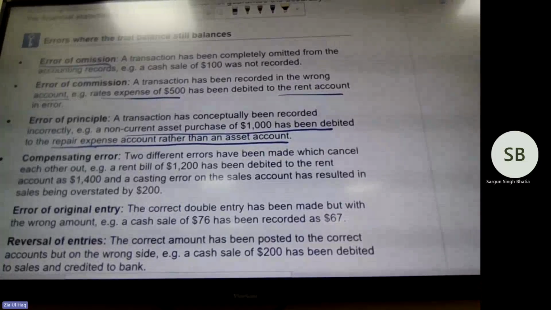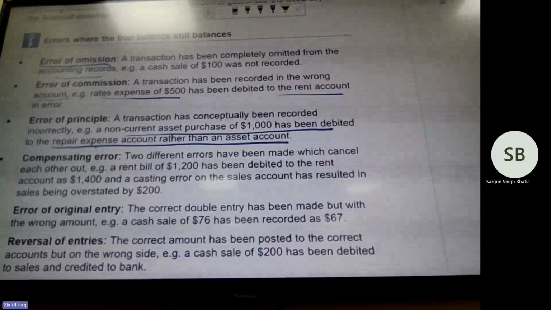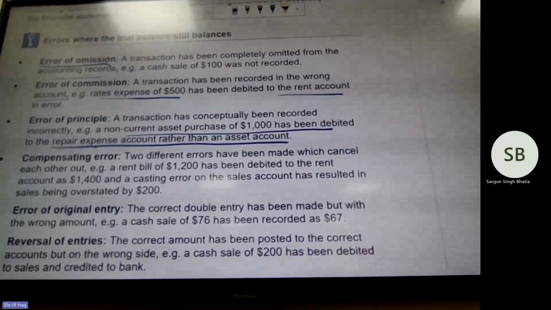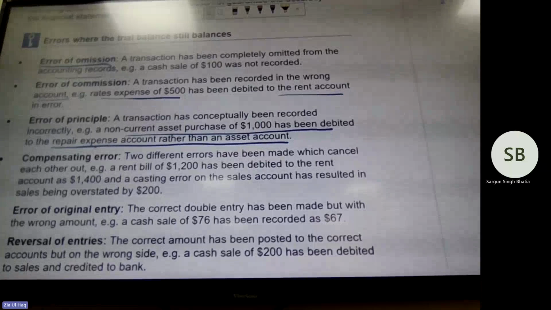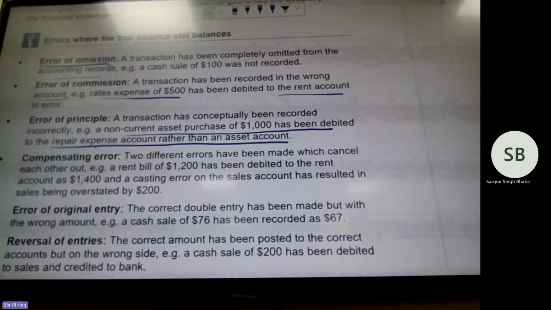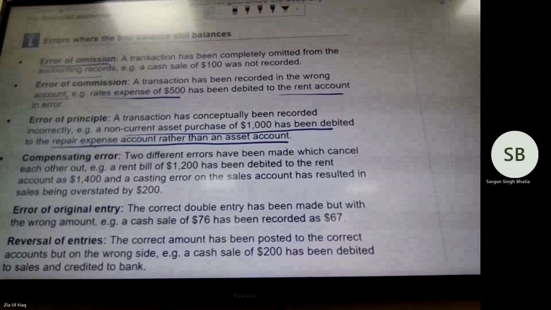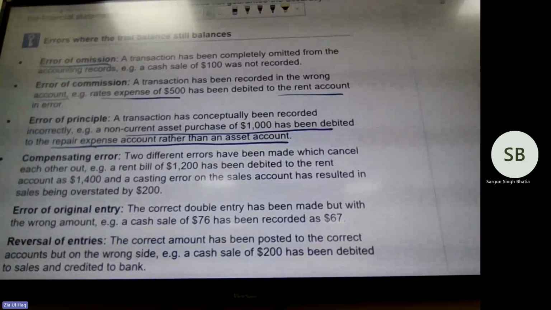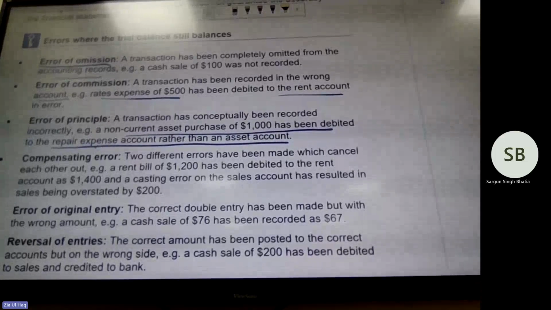Instead of crediting liability, you have credited the income. That is error of principle. In error of commission, instead of debiting one expense, you have debited another expense, a similar nature account balance, but in error of principle, you have created a different nature account balance.